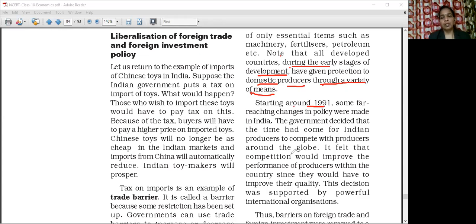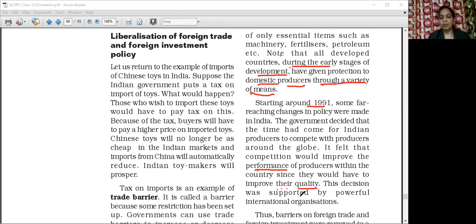That is why this policy was accepted, because when competition is there, only then can quality be increased. So the Indian government decided to improve the performance and quality of Indian producers. That is why the decision was taken.